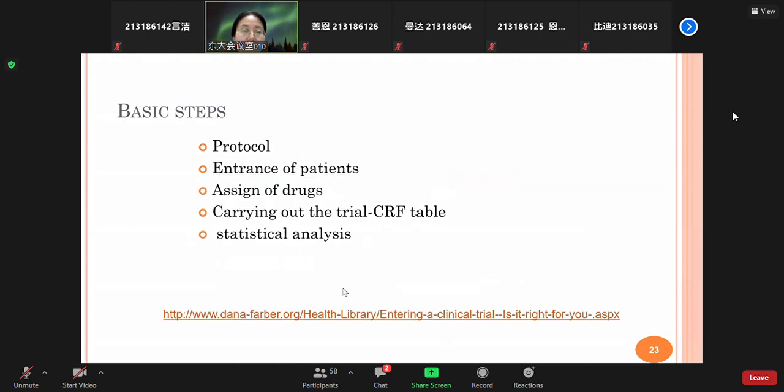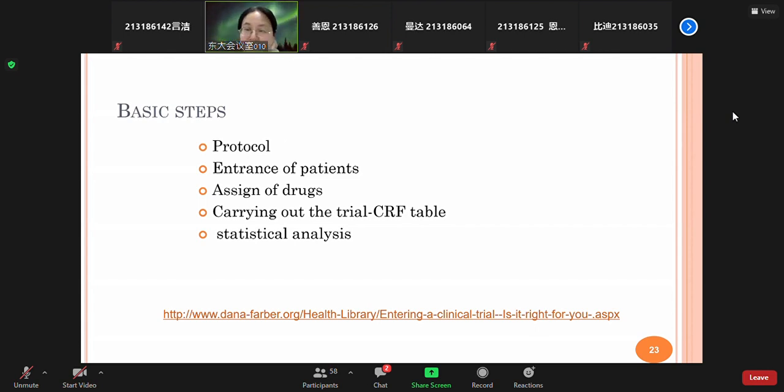Then here I give some basic steps for a clinical trial. The first step will be the protocol. The protocol is a formal, required document. You have to prepare it before a clinical trial.